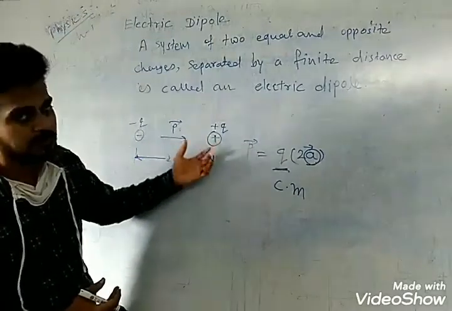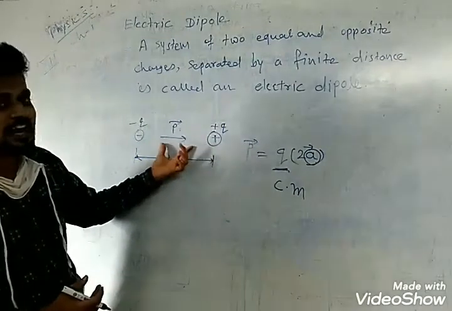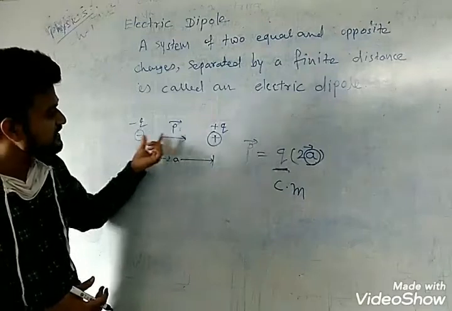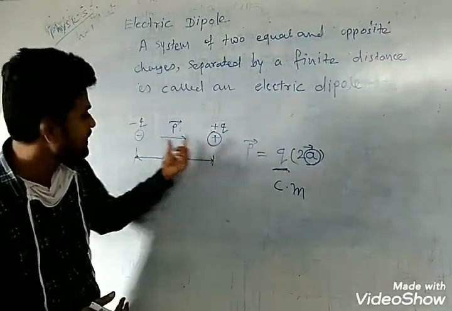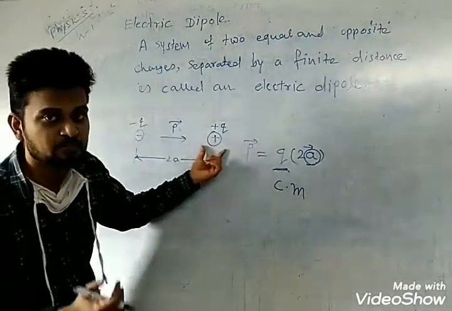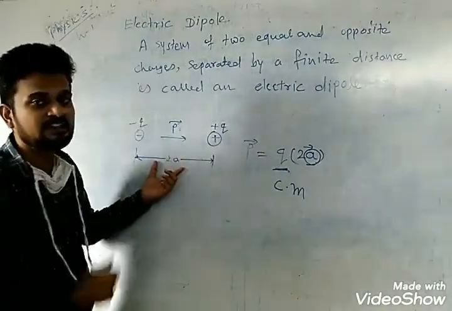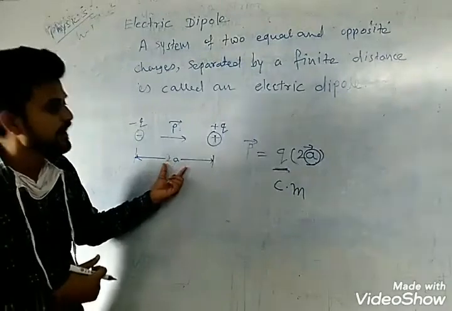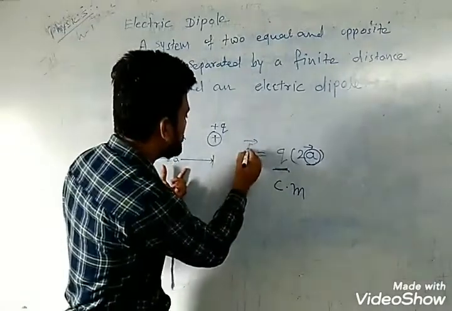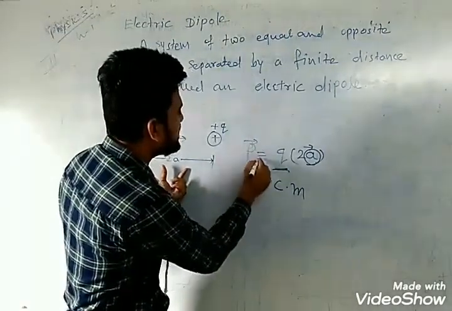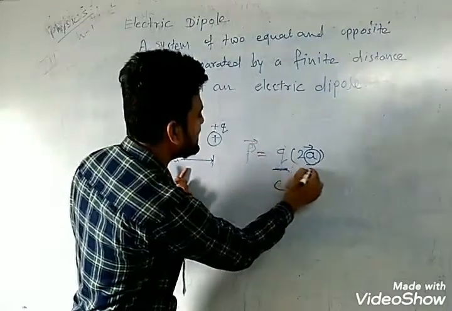As shown in the figure, two charges, one positive and one negative, are separated by a finite distance 2a. So the electric dipole moment P is equal to Q into 2a.